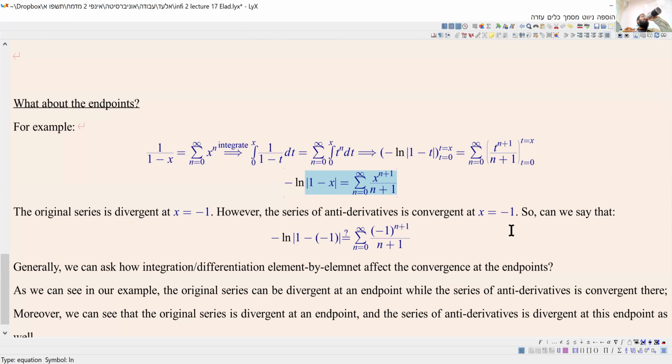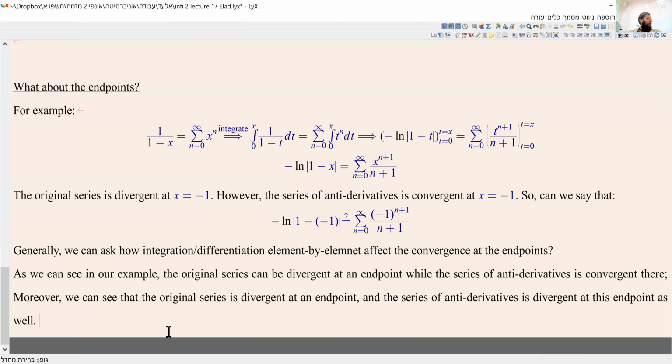Now, I claim, without any proof, don't have time, don't have the will, that it is always true. If you integrate element by element, a divergence at an endpoint can become a convergence, but not vice versa.